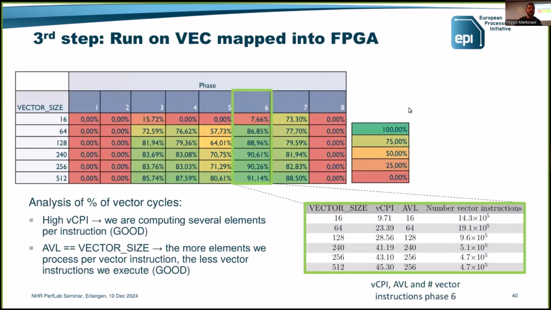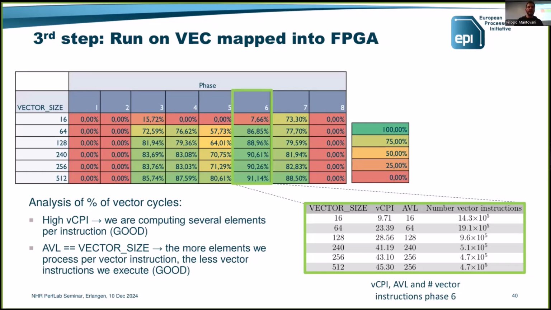What about phase 6? Phase 6 was the one taking a long time in the scalar part. Please be aware that I'm changing now: I'm showing you the percentage of vector cycles, not the vector instructions. So now I'm showing you how much time I'm spending executing vector instructions compared to the total execution time.